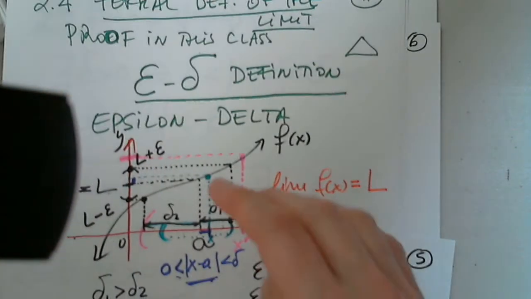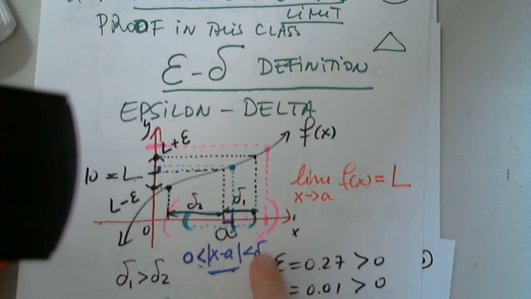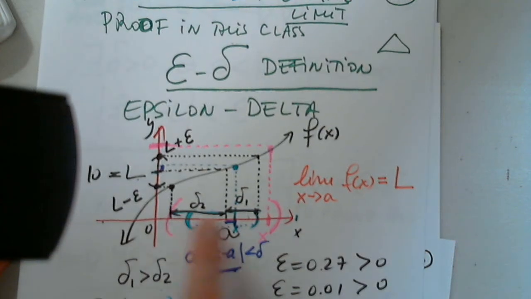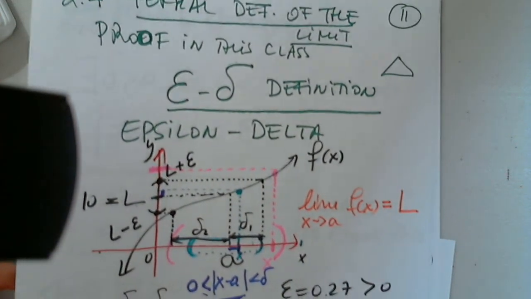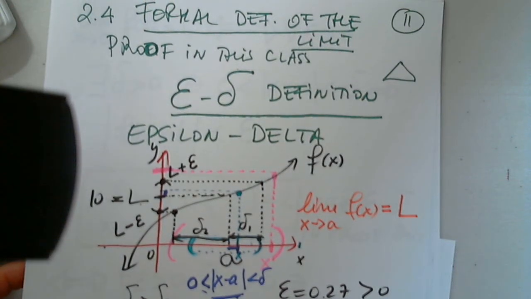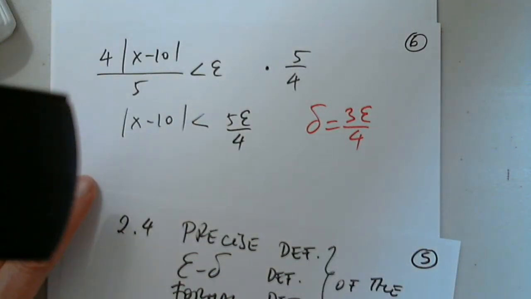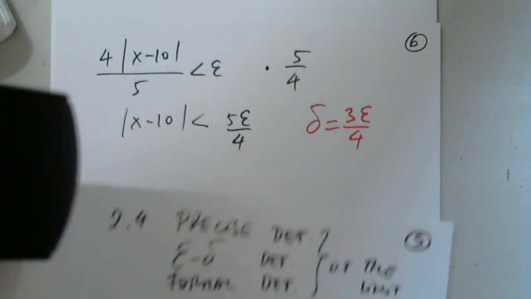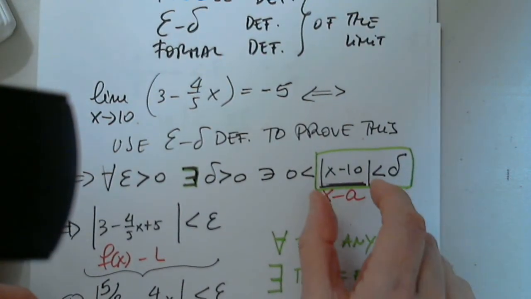So maybe you want to watch this explanation again. Maybe this is better now after we talked about it again. Is this better or not? I think so. The absolute value originates from x minus a. Yes, that's the distance.